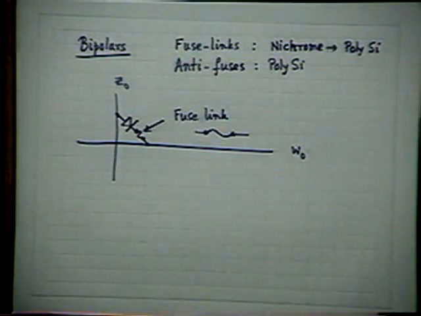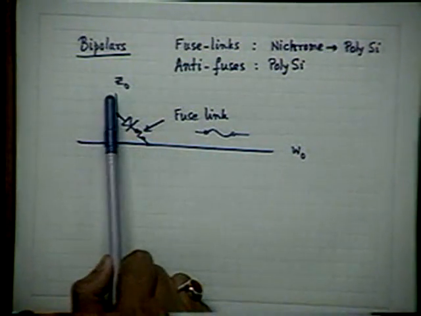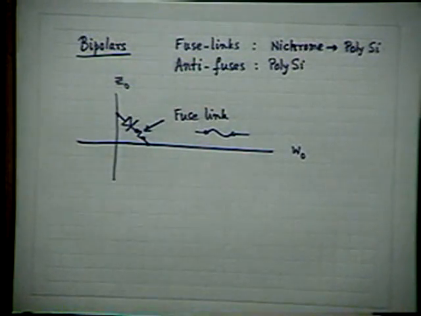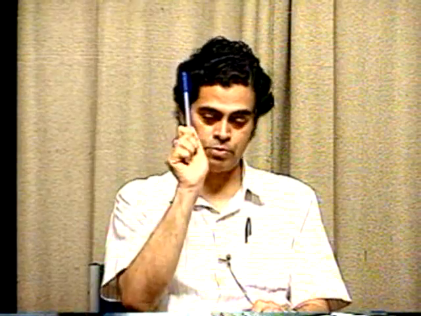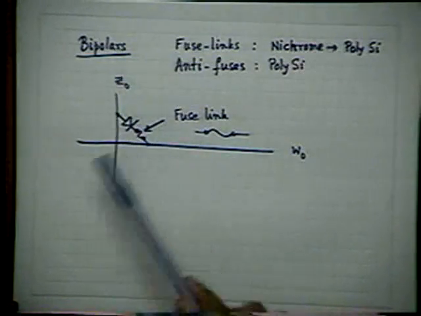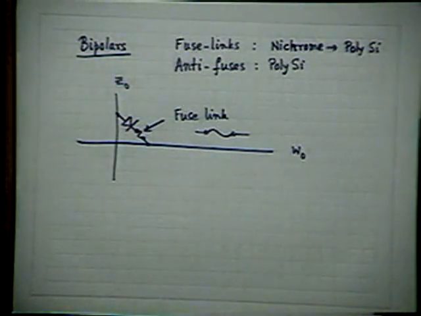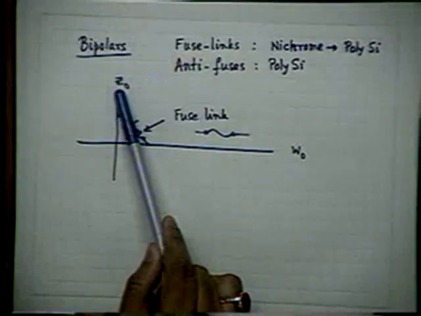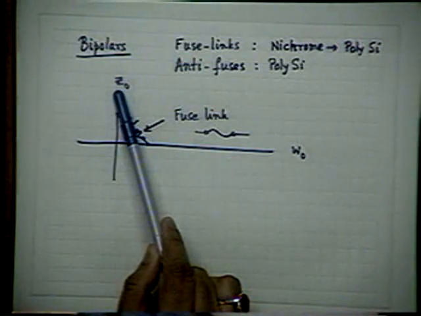The only thing you have to do is apply at Z0, for programming, not addressing, the memory. For example, the diode is there, I want to remove the diode. What do I do? I search it out by a suitable addressing technique. Then momentarily apply a large voltage here for a short time.